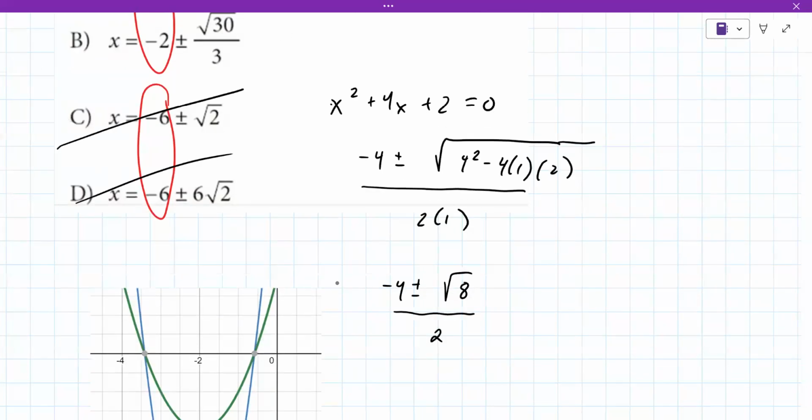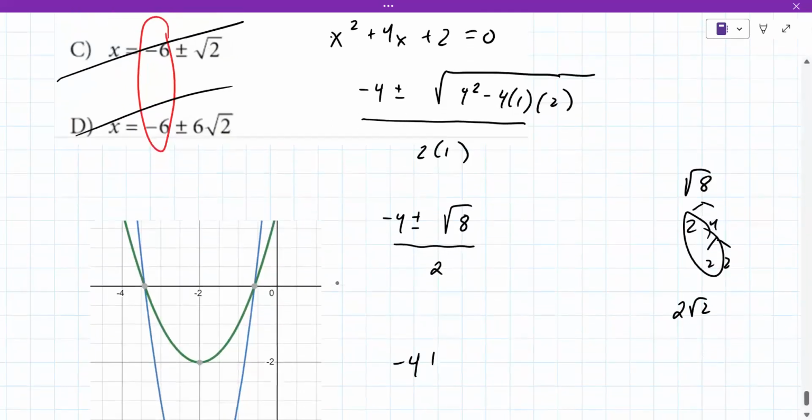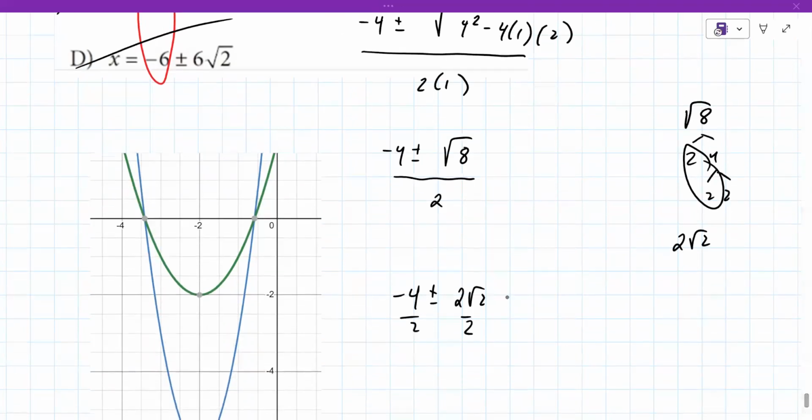But if you wanted to go a bit further, the square root of 8 is 2 and 4, 2 and 2. So it becomes 2 square root of 2. Negative 4 plus or minus 2 square root of 2, over 2. This becomes negative 2 plus or minus the square root of 2.